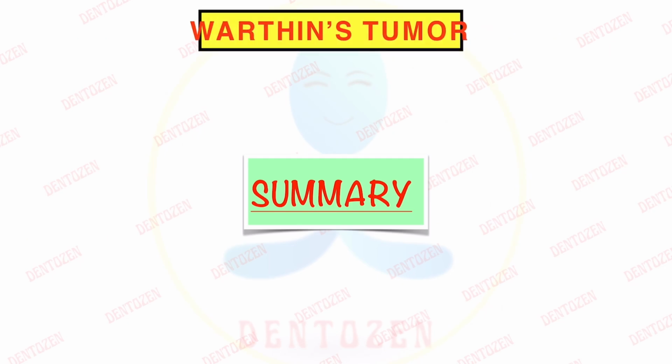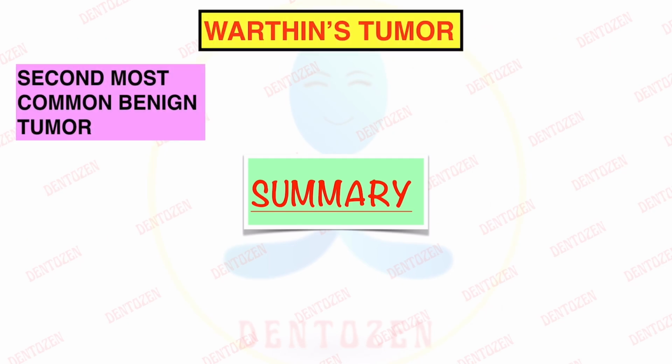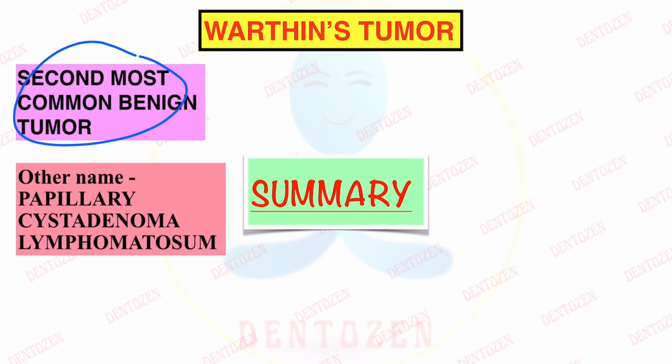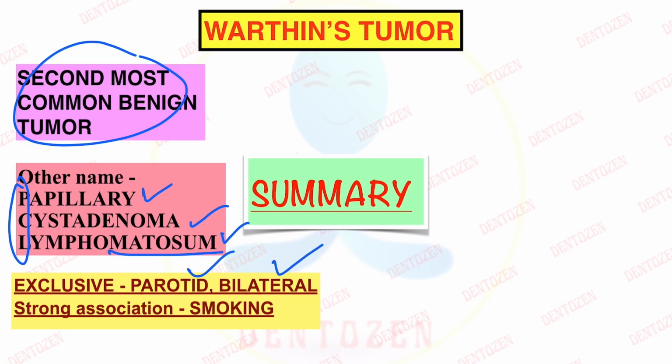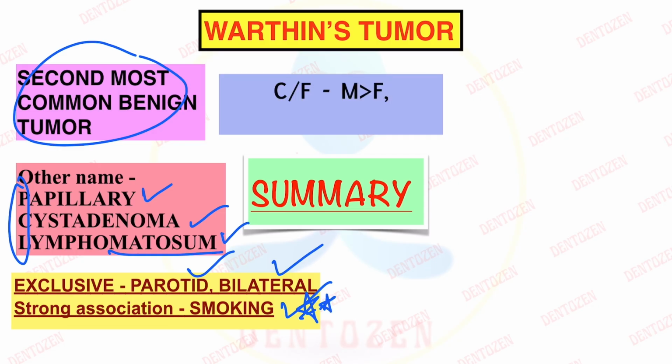Now let's do a quick summary. Warthin's tumor is a benign salivary gland tumor, the second most common salivary gland tumor of the parotid gland. The other name is PCL, Papillary Cystadenoma Lymphomatosum. Exclusively seen in the parotid gland, it can be bilateral in appearance. Strong association with smoking, and it can be induced by radiation also.